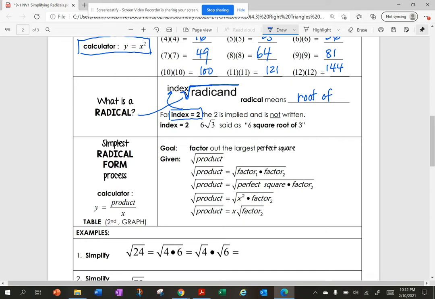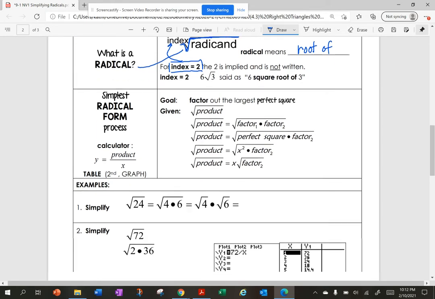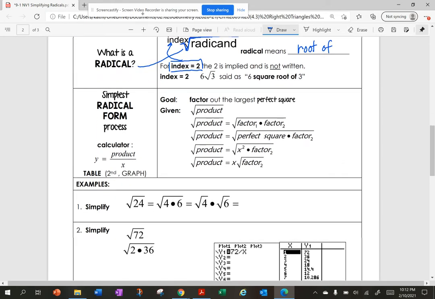Okay, so what is the process for me to simplify? I want to take out the largest perfect square. To do that, I need to take what my product is and divide that into factors where one of them is a perfect square.